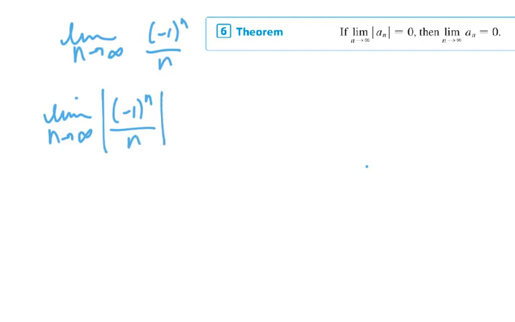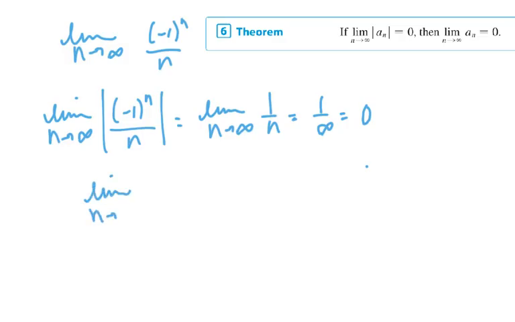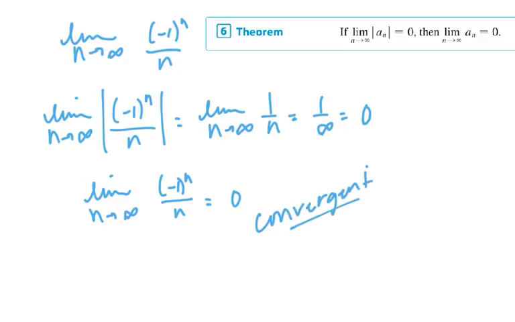So if I look at the absolute value, then what I'm really looking at is the limit as n approaches infinity of 1 over n. So that's 1 over infinity, and in the limit world, that's 0. And based upon the theorem above, then we can say the limit as n approaches infinity of negative 1 to the n over n is 0 as well. So this one is convergent. Convergent or converges. Either way is good.